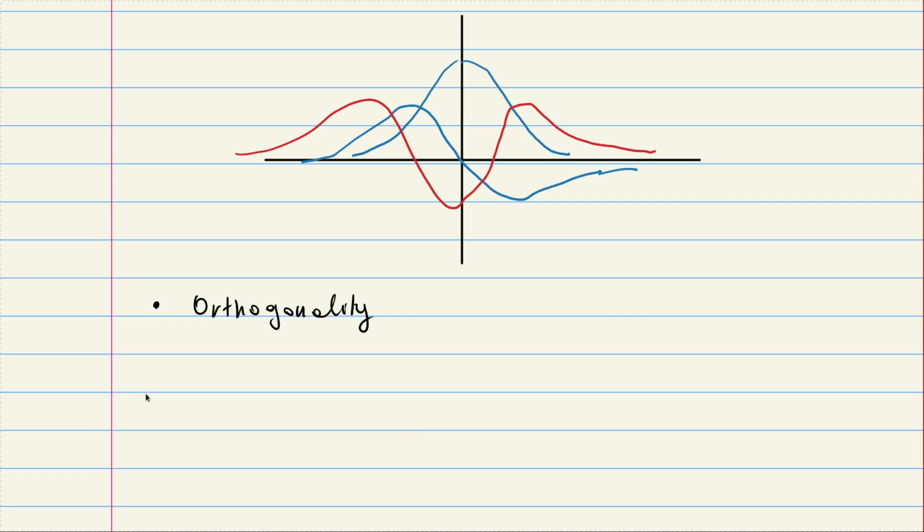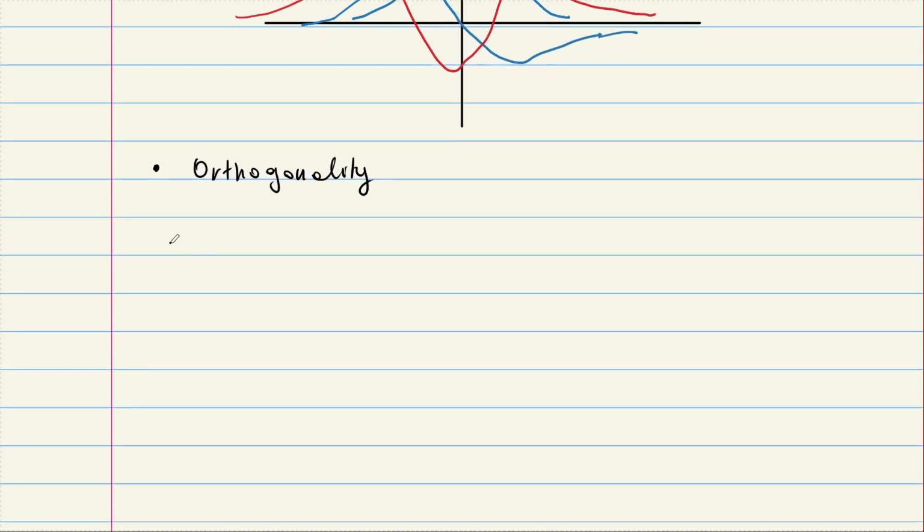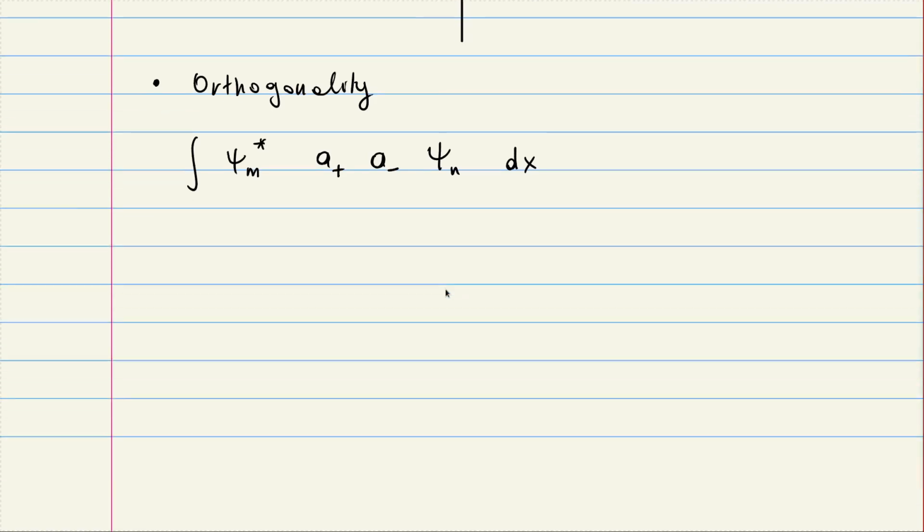So again, this is a little bit of experience. I want to try something. So this is the integral of psi m star a plus a minus psi n dx. Let's consider this object and see what this gives us.